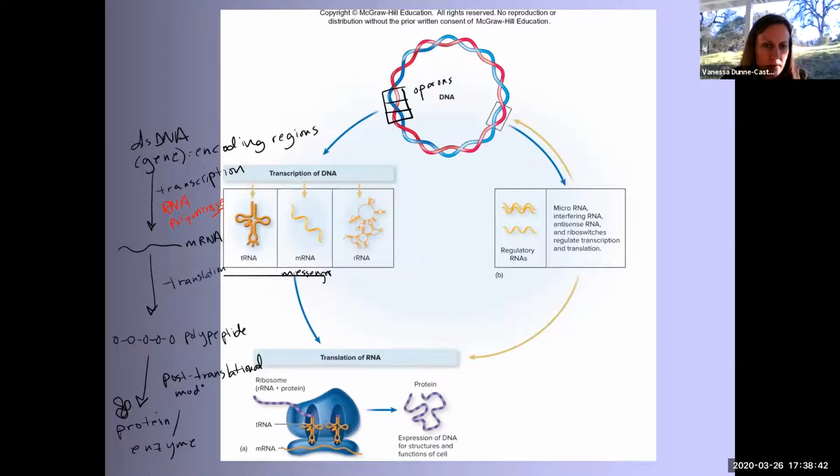If you recall from our chapter 7, when you have those internal disulfide bonds or phosphate bonds or hydrogen bonds formed within that polypeptide string to form that tertiary structure, and then when those subunits get together to form that quaternary structure of that protein, that's what we're talking about, modifications.